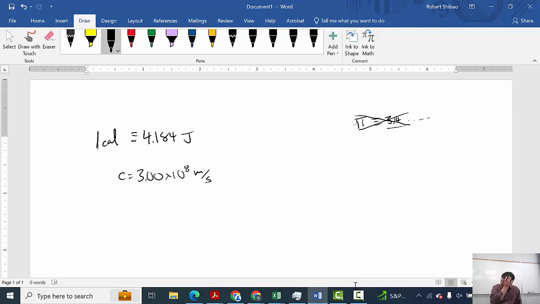Follow-up question. For the constant speed of light, c, is that 3.00 or is it 2.998? It depends on how many sig figs you want. I like 4 sig figs in my conversion factors. The reason I like 4 sig figs is most problems give you 3 sig figs, and so it's nice to have 1 extra sig fig in the conversion factor to minimize rounding error.